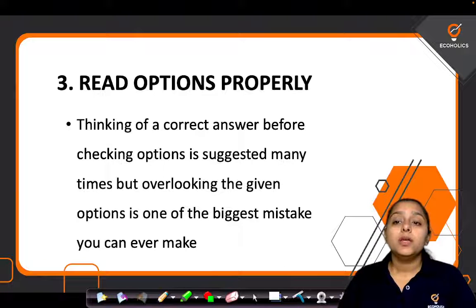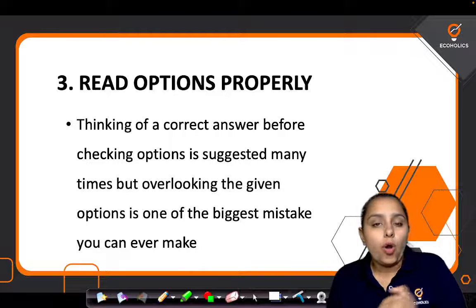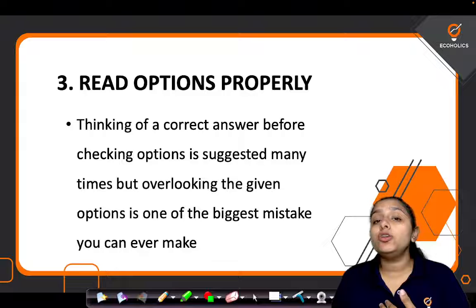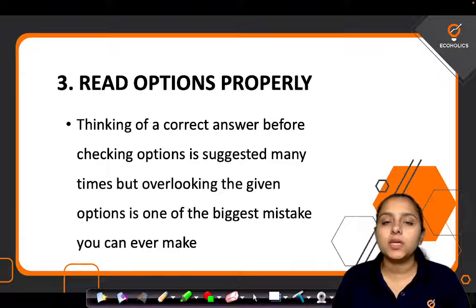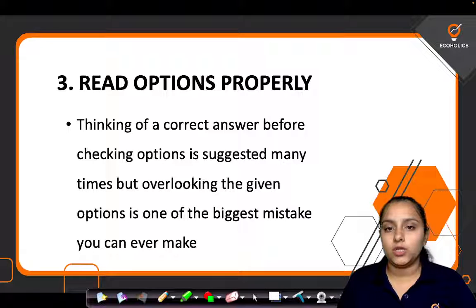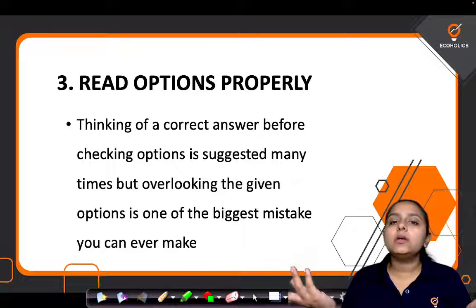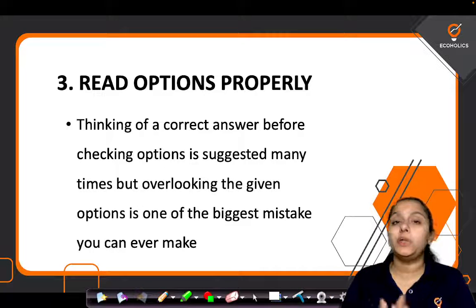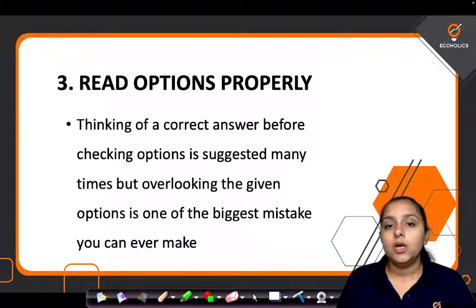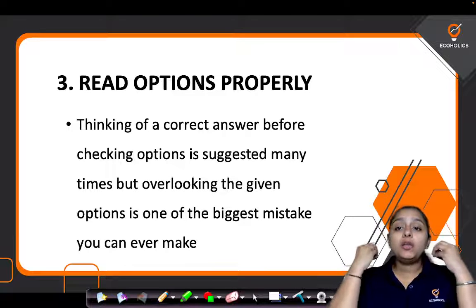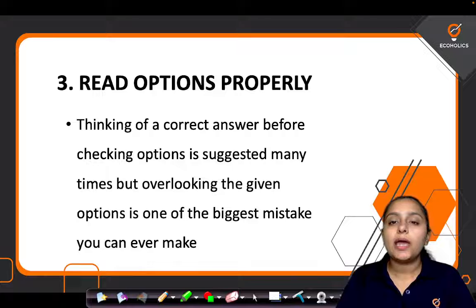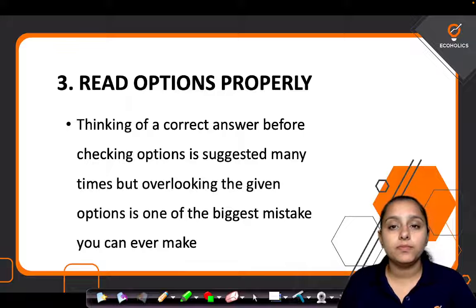What if this confusion was not in my mind, and according to me, autocorrelation was the answer? According to me, White's general test is something I study in autocorrelation. So I did not have the confusion. I was pretty much sure it is autocorrelation. Now when the question came, I did not even have a look at the options, and I went with autocorrelation because according to me, that was 100% correct.